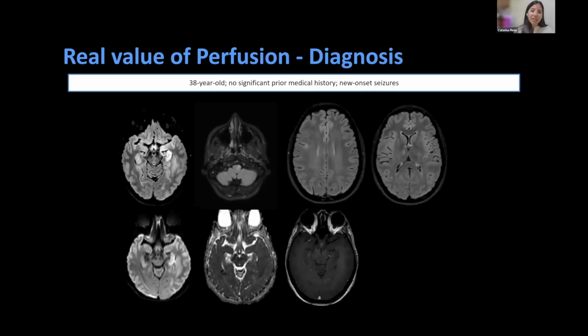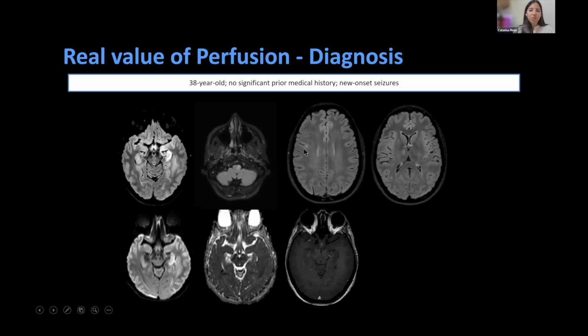This is a 38-year-old lady with new onset seizures. In these images, we can see a lesion with a hyperintense signal on T2 FLAIR in the amygdala, the hippocampus, the subcortical white matter of the temporal lobe on the left, also in the hypothalamus and optic tract, and also in the bulbar area on the left in the pyramid.